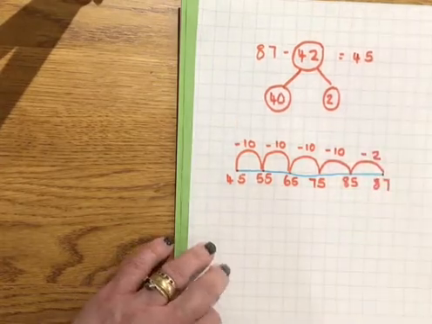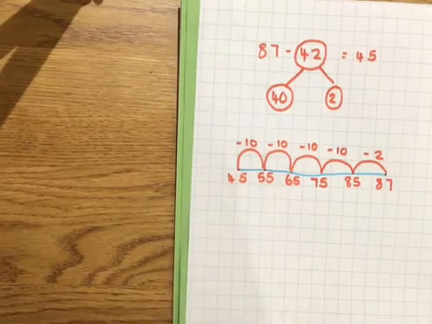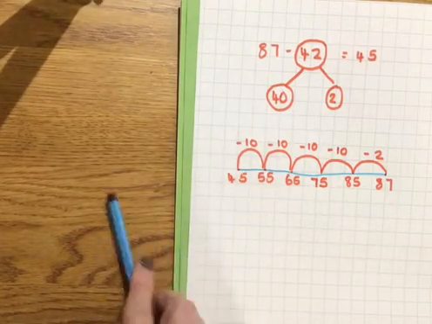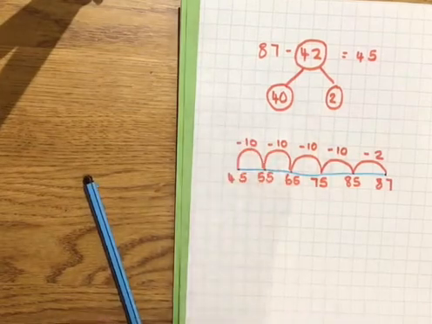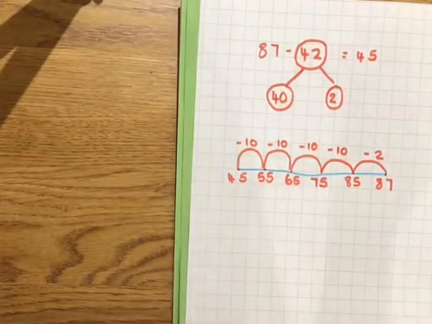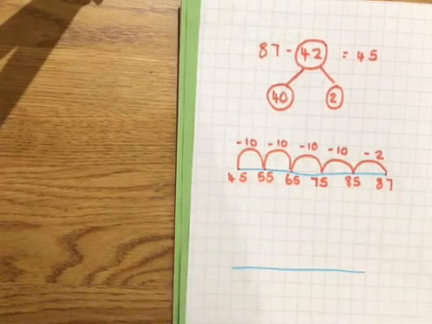Now there is an easier way of doing this, and we looked at this yesterday with our addition, and that's to just make 1 jump of 2 and then 1 whole jump of 40. So let me show you that method as well. It's just a more efficient way of doing it, but it's the same method.